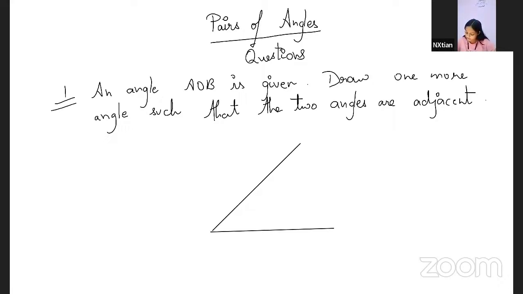This is A, O, and B. Okay. I have AOB. So now we have to construct, draw one more angle that is adjacent to AOB.